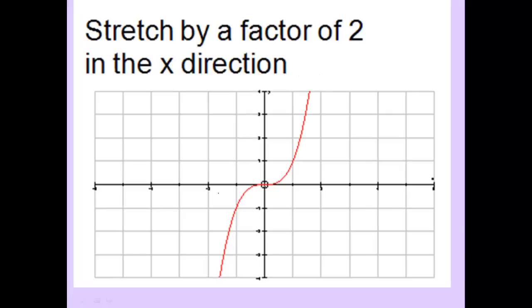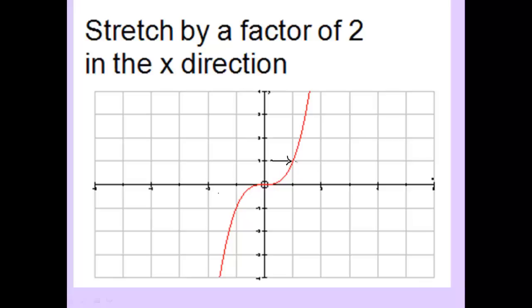So the second stretch is a stretch in the x direction, a little bit harder to understand. Again, at the origin it makes no difference because the x value is 0 here, but the effect that a stretch of 2 in the x direction will be the same, but in an x direction.